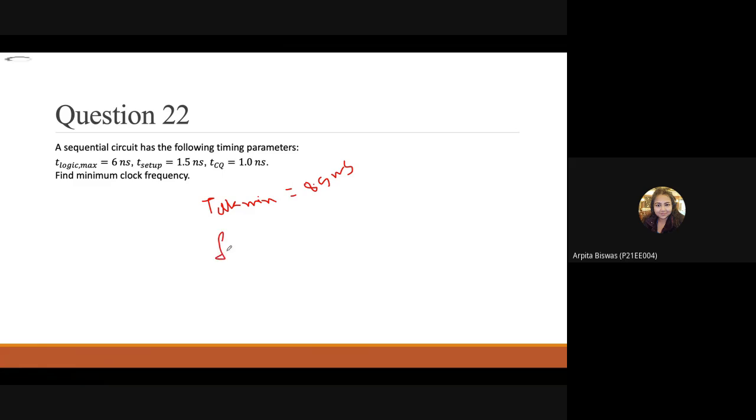So F max is 1 by 8.5 nanosecond, so you will get 117.6 megahertz.